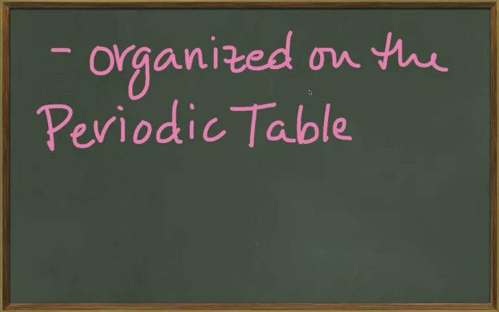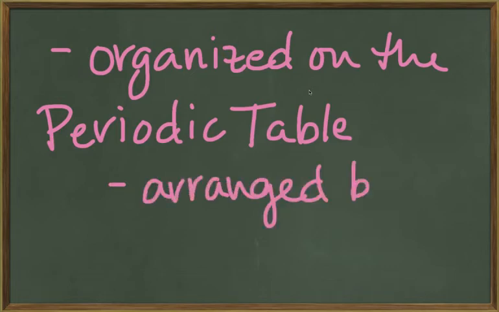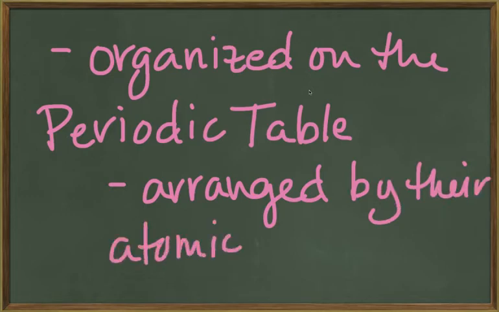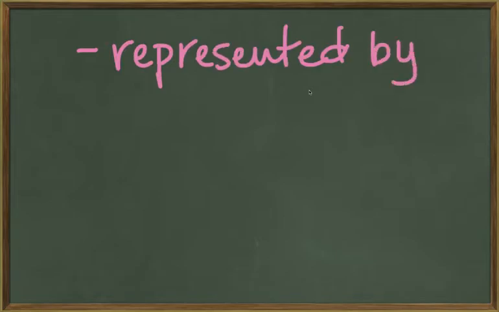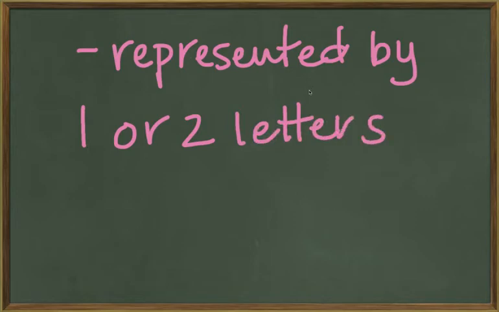Within the periodic table, all elements are arranged by their atomic number. The atomic number is based on the number of protons. Last thing I want you to know about the periodic table, all elements on the periodic table are represented by 1 or 2 letter symbols.